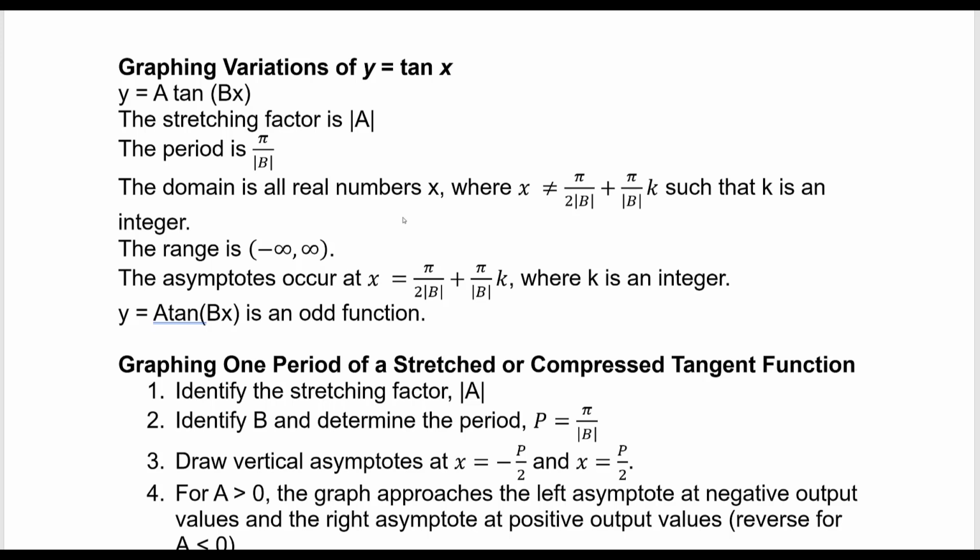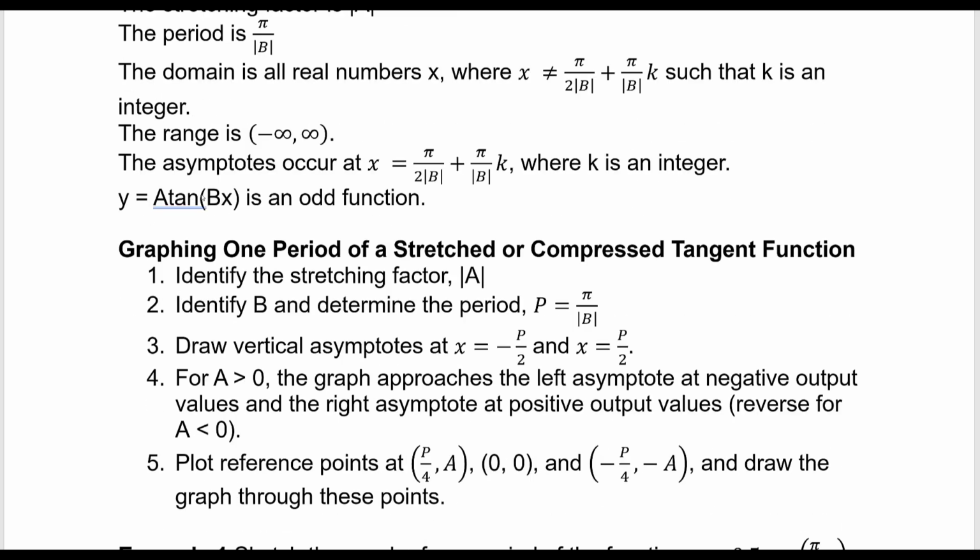Once you know that first asymptote at pi over 2b, every pi over b is your next vertical asymptote. The range is negative infinity to infinity. Asymptotes occur at x equals pi over 2 absolute value of b plus pi over absolute value of b times k, where k is an integer, and y equals a tangent bx is an odd function.